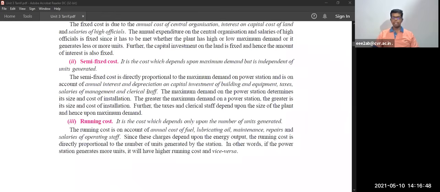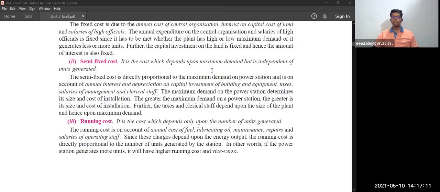The salaries of management and clerical staff, and the taxes also you need to pay, like municipality tax and corporation tax. If you are within the municipality limits, you have to pay the municipality tax, and likewise the village panchayat tax.